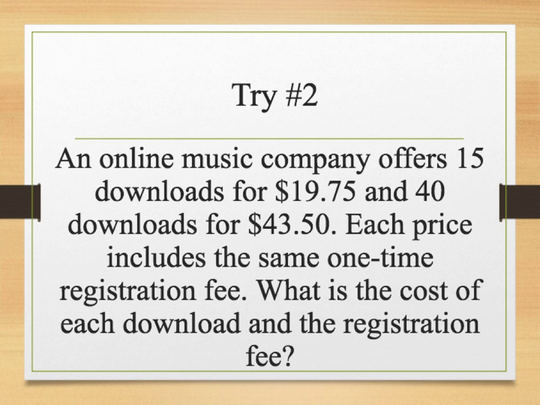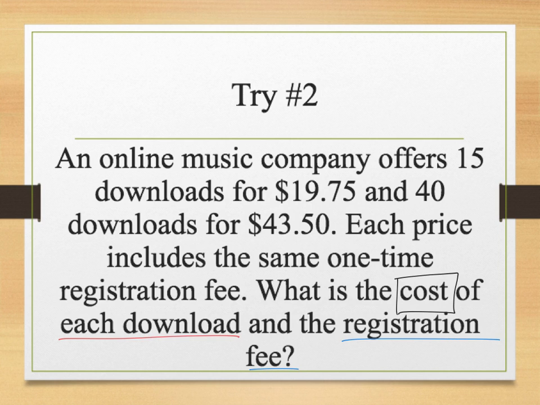All right, in try 2, we have another word problem, so let's practice. It says an online music company offers 15 downloads for $19.75 and 40 downloads for $43.50. Each price includes the same one-time registration fee. What is the cost of each download and registration fee? So again, we're talking about the overall cost with each download and then the registration fee.